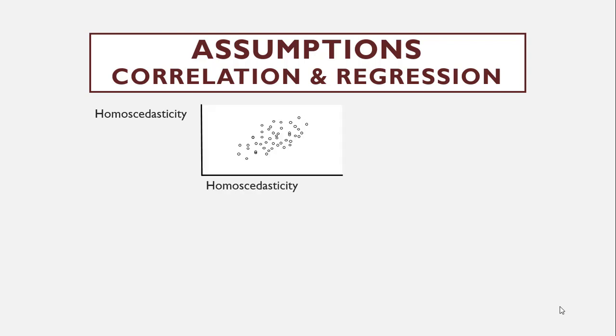So when we see homoscedasticity, the scatter plot will look something like this, where there's variability on X and Y, but it's relatively similar, consistent across the range of X and Y.